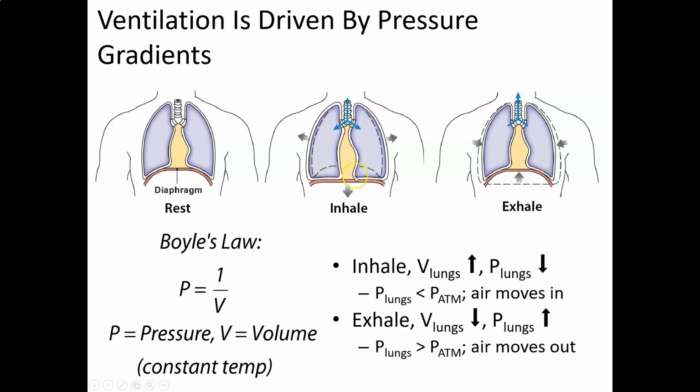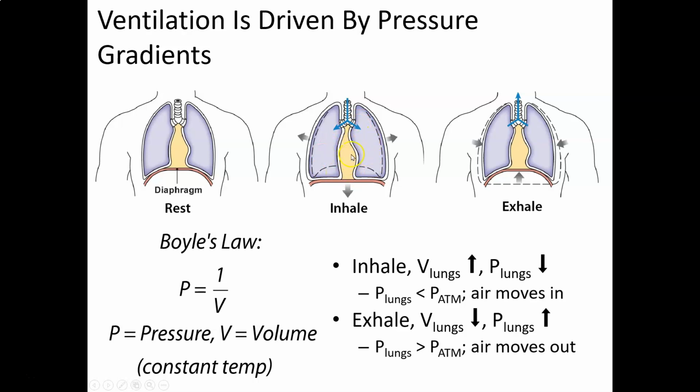And my diaphragm drops down. That increases the length of my thoracic cage. At the same time, my external intercostal muscles are contracting. And what that does is it causes the chest to go out and forward at the same time, effectively increasing the volume of the thoracic cavity.